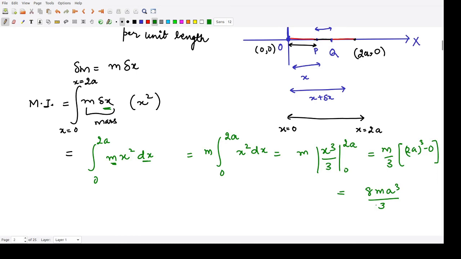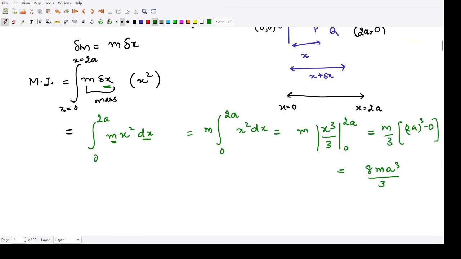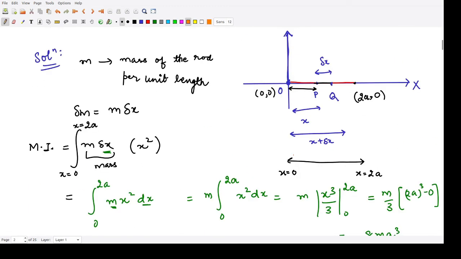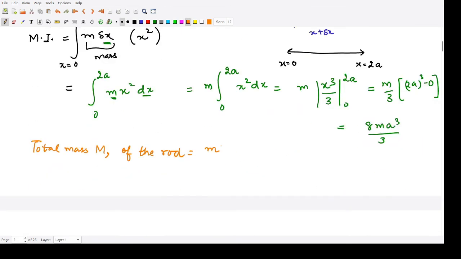But what would be the total mass for this rod? The total mass, capital M, of the rod would be the per unit length mass multiplied by the total length of the rod, and the total length of the rod is nothing but 2a, so it is 2am. So we can use this 2am here.